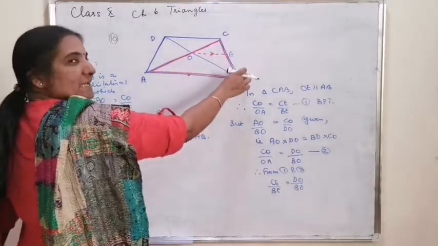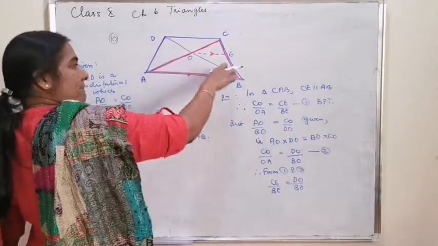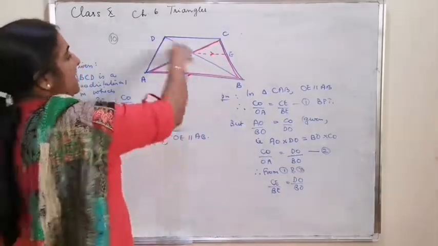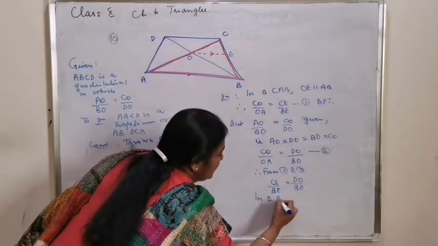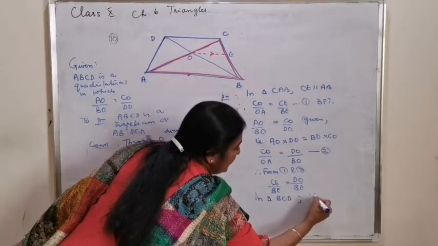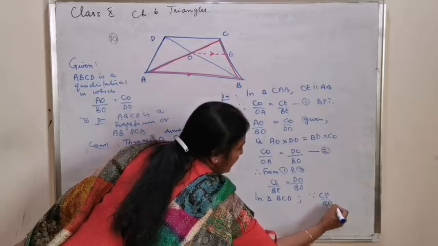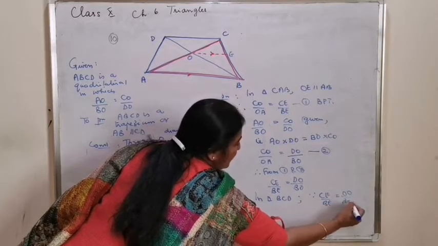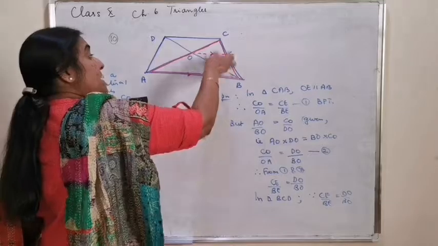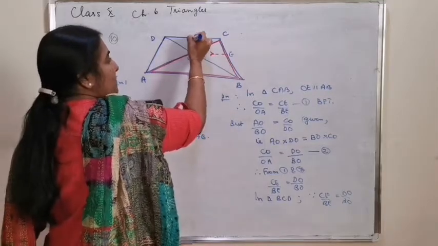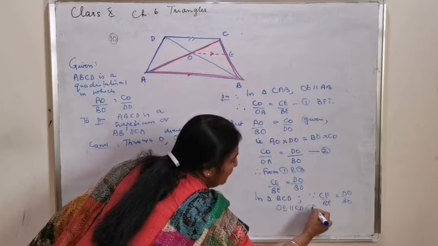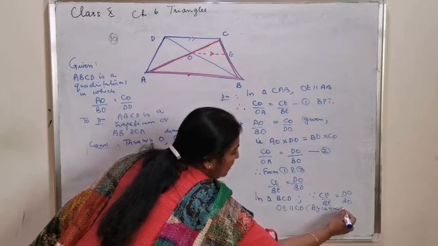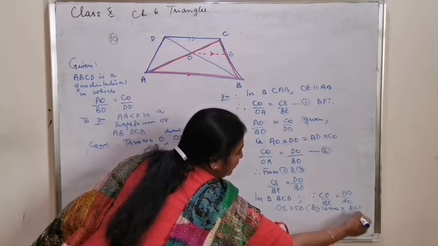CE by BE is equal to DO by BO. That is in triangle BCD. In triangle BCD, since CE by BE is equal to DO by BO, OE has become parallel to CD also. OE is parallel to CD by converse of BPT.